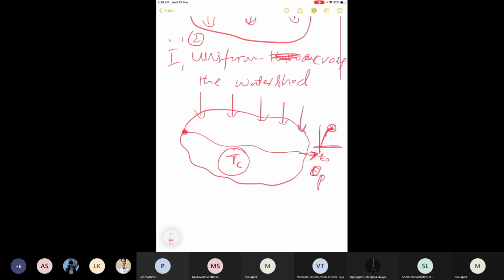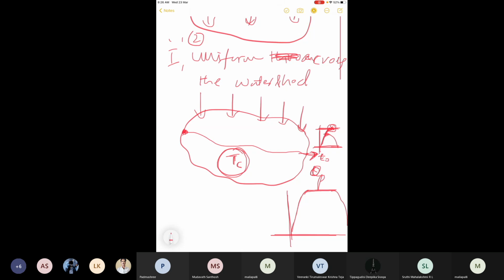Maybe you will get somewhere here, and then it is going to fall, but this is the expected peak. Suppose the storm duration is more than the time of concentration: you will get the peak, then it will stay constant, and once the storm stops the runoff decreases.